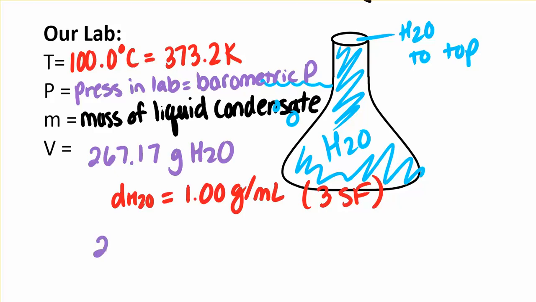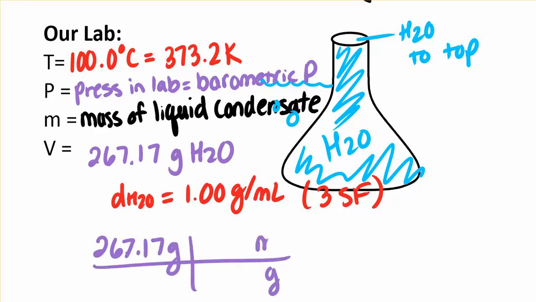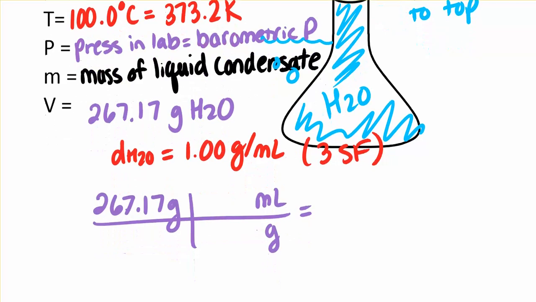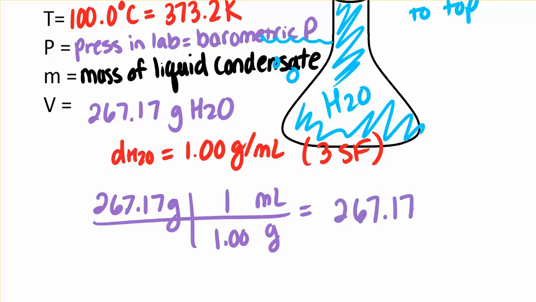So if I want to know my volume, I'll start with my mass here, and I'm going to convert to milliliters. And I'm putting in my density. Oh, well, I'm just dividing and multiplying by 1. I get the same number. Except, watch the sig figs.